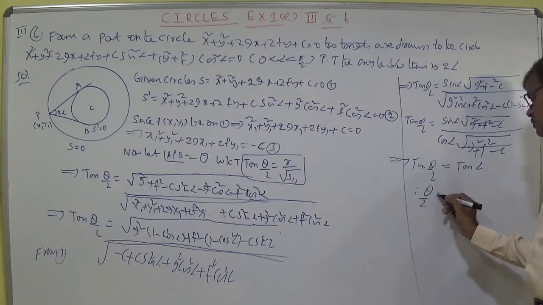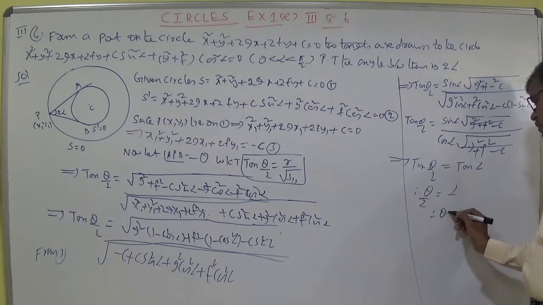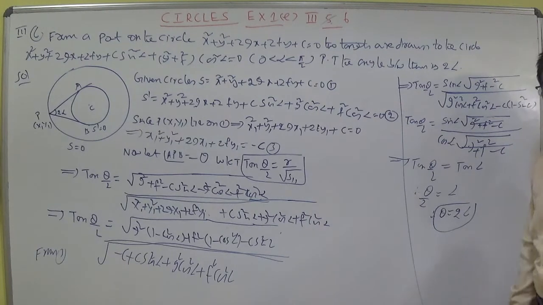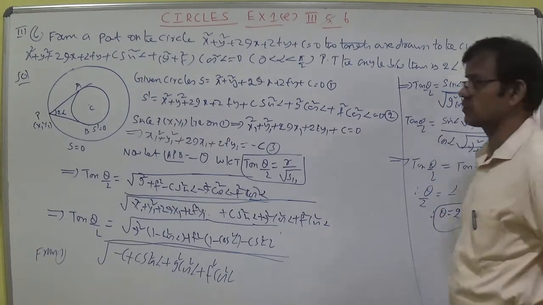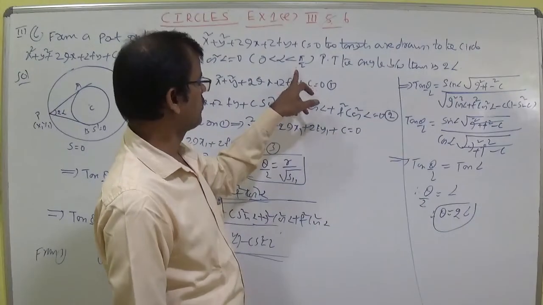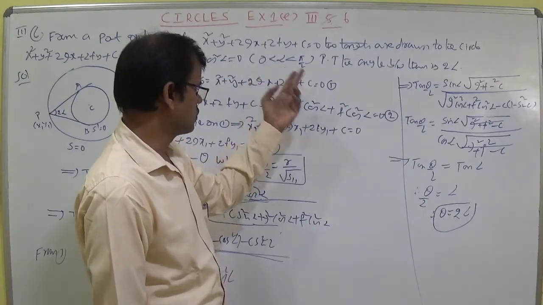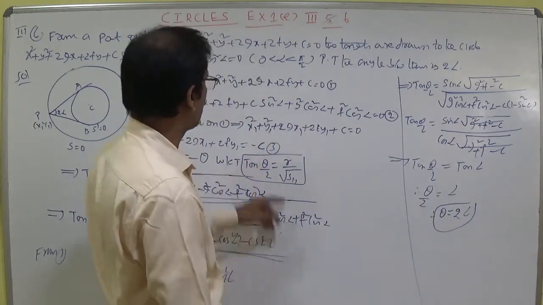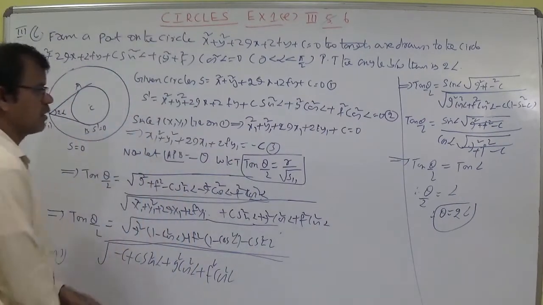So theta by 2 is equal to alpha. Therefore theta is equal to 2 alpha. Of course we can write theta by 2 is equal to tan inverse of tan alpha. Tan inverse of tan alpha is alpha directly when the angle is between 0 and pi by 2, that is why written directly. Therefore the angle between the two tangents is 2 alpha.